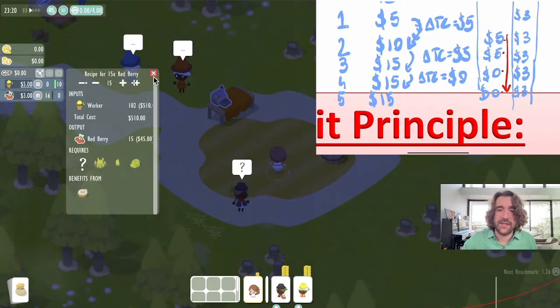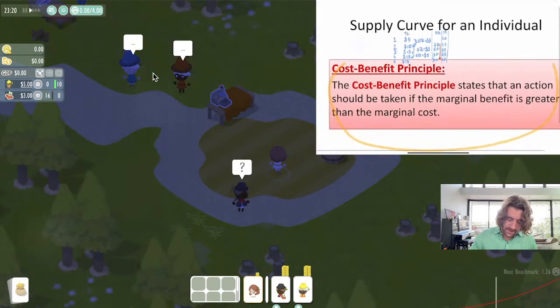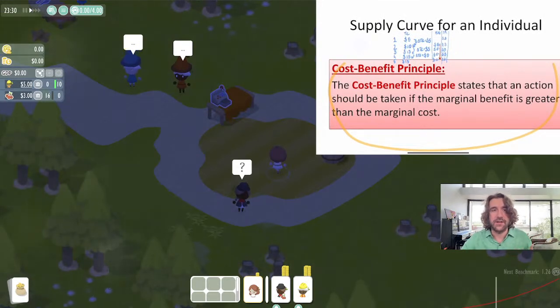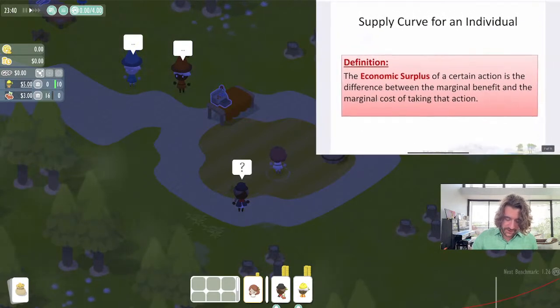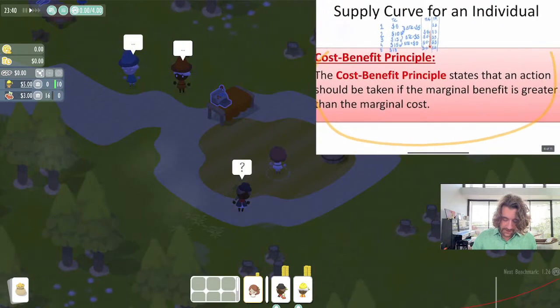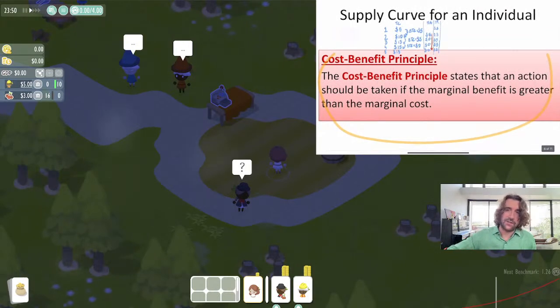Well, now that you have seen and we have been through all these steps, I hope you can see that the decision here is, as usual, a cost-benefit decision where you are going to continue to increase production as long as the marginal benefit is greater than the marginal cost. You should do it.